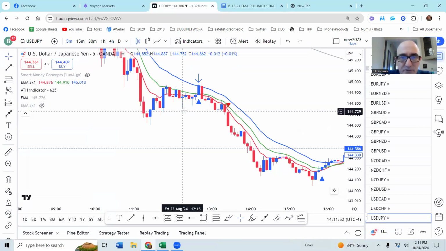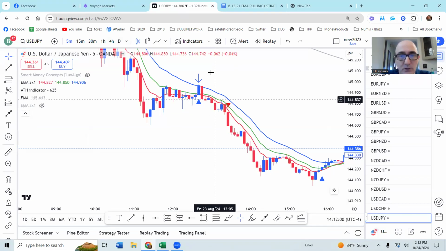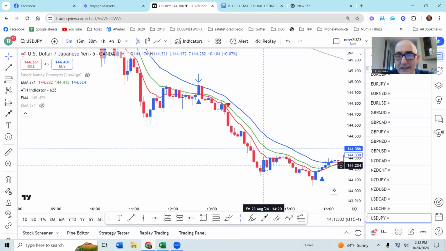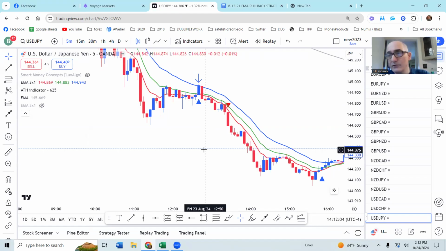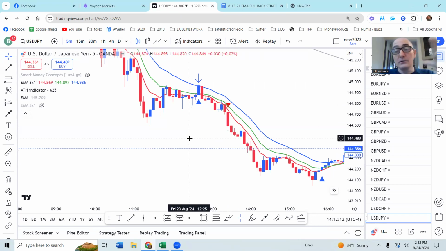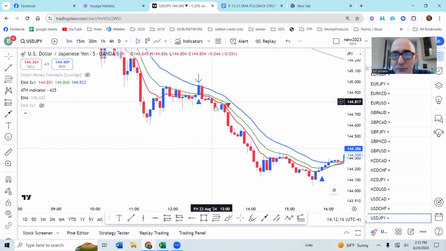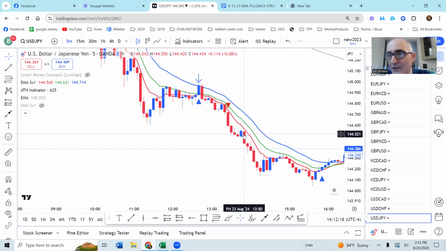So in this situation here, you would set a sell stop order at 144.744. And when you set that, you would also set your stop loss and take profit before you leave the charts or retire for the night. So again, guys, it's a stop order, not a limit order. What's easy to remember for a stop order is you're taking the trade as price is moving in your direction.